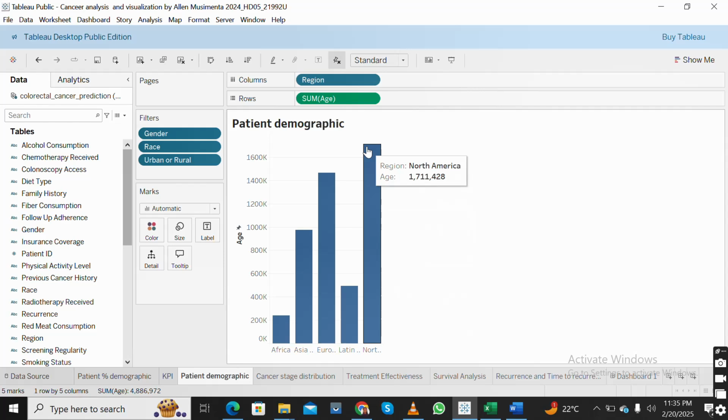With the look of this, you're able to see that North America has the highest colorectal cancer spread, and the lowest is Africa.